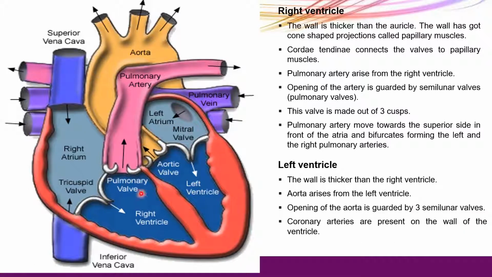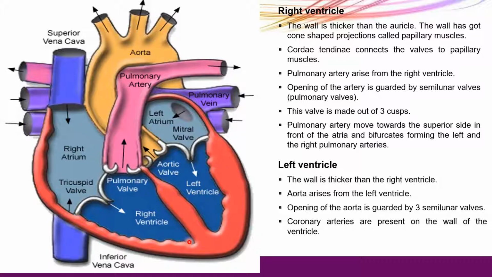Okay, coming to the ventricles now. If you look at the wall of the right ventricle here, the walls are rather thicker compared to the right atrium, right? And the wall has cone-shaped projections, which we call papillary muscles.